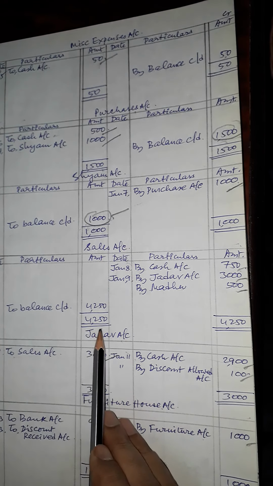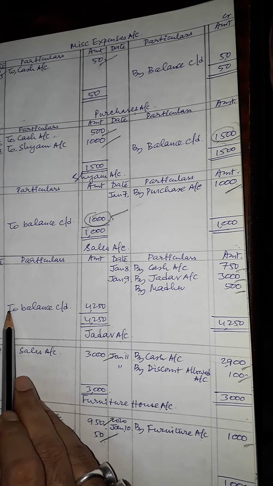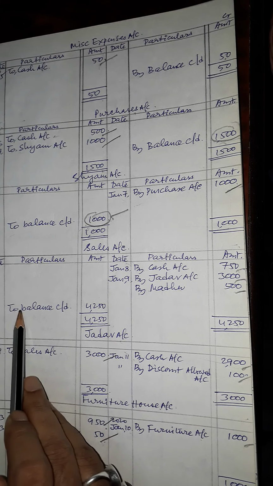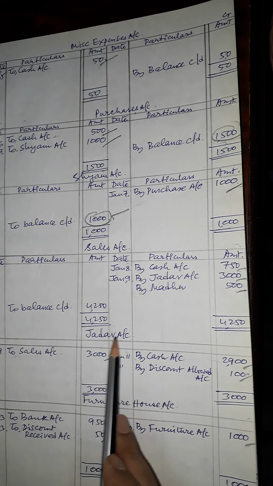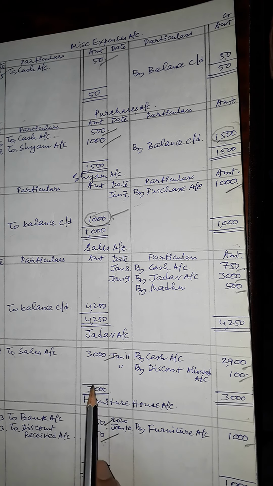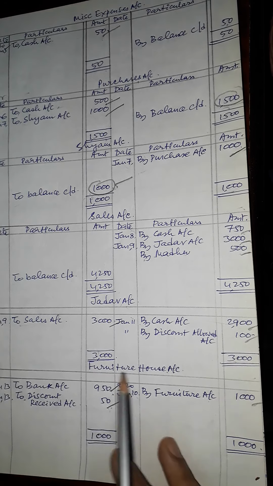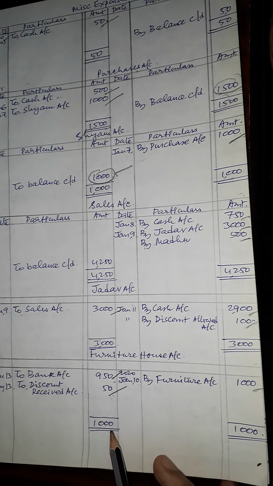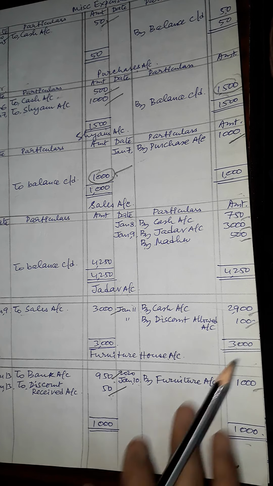Again, sales account, we have totaled the sales account is 4250. The balance appears in the debit side, closing balance to balance CD, so it's a credit balance. Jadav account, we have closed the account and both sides tally, so there is no closing balance. Furniture house account, both sides tally 1000, so there is no closing balance.